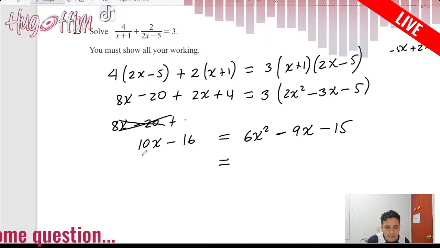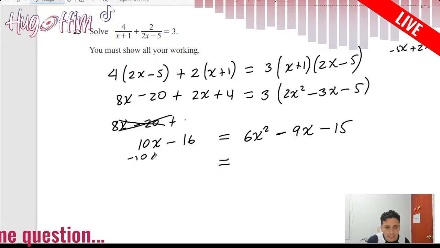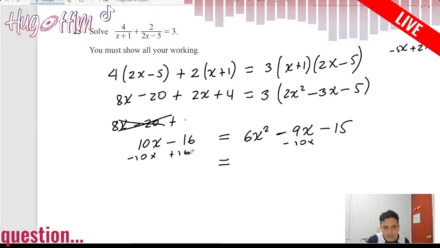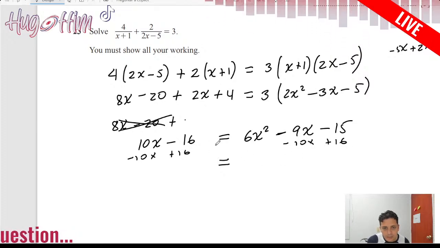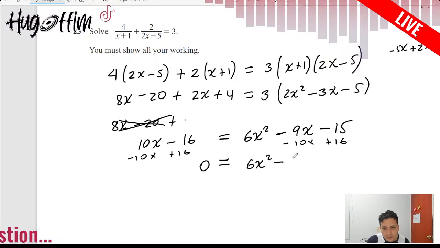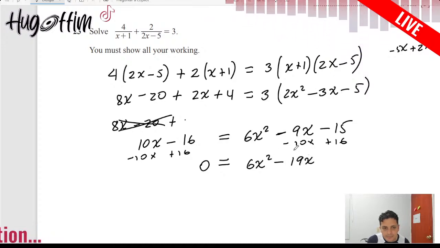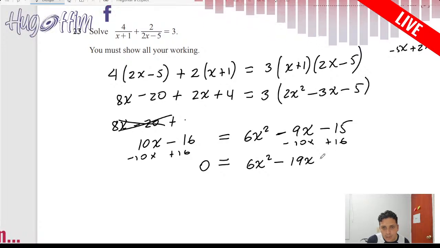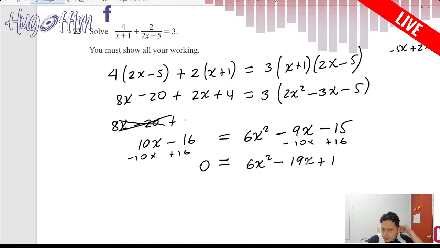And add 16. So minus 10x, minus 10x, plus 16, plus 16. So I'm going to get 0, 6x squared minus 19x plus 1. That's weird. Cannot factor this one.